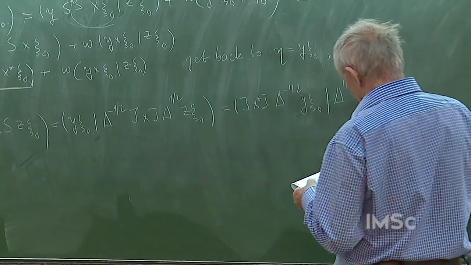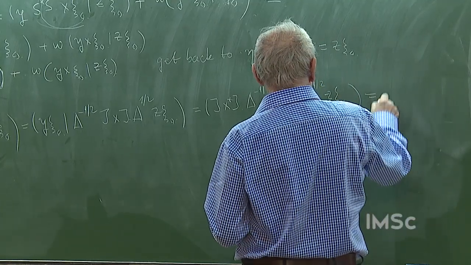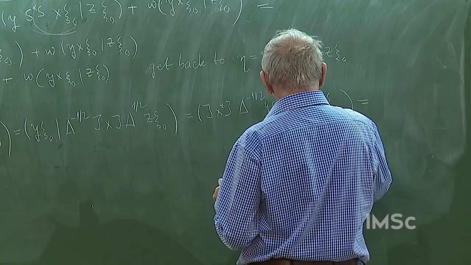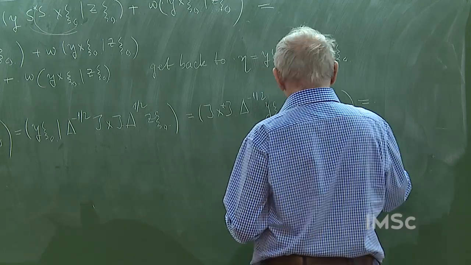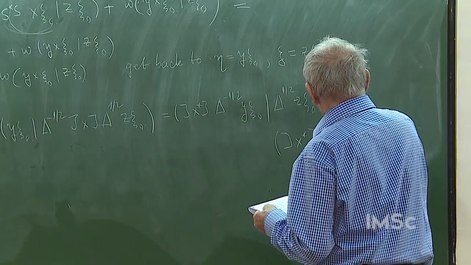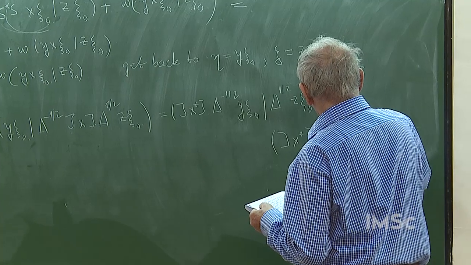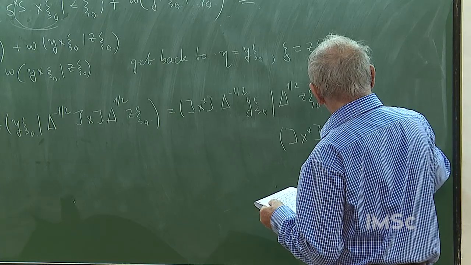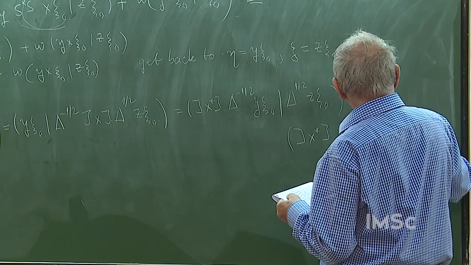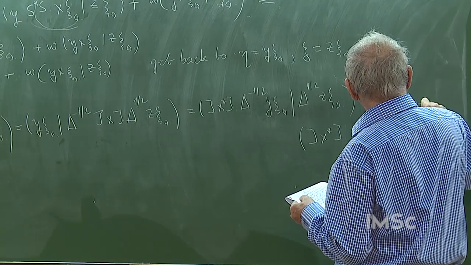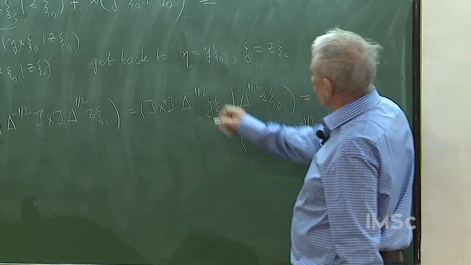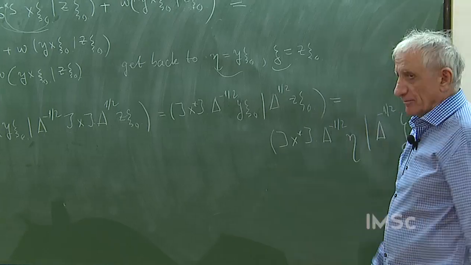Okay, and I'm still not happy with this. I shall write it in the following manner: j x star j, delta power minus 1/2 eta, delta power 1/2 zeta. So I achieved the goal to go back to these elements.